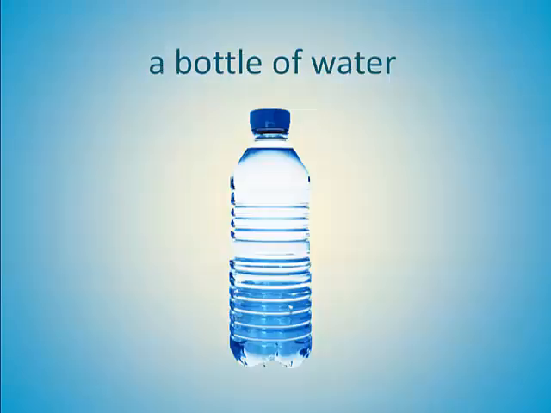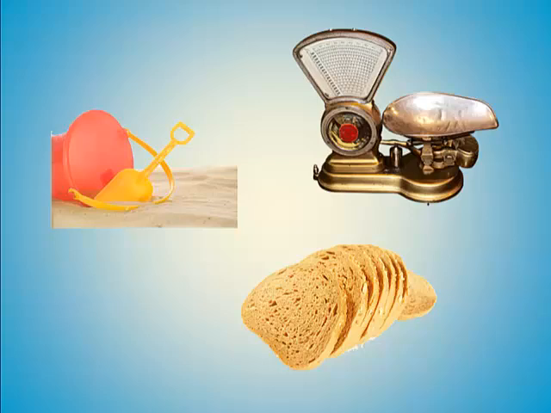We don't count water, but we can easily count bottles, so we say a bottle of water. Sand and meat and bread are non-count nouns in English, but we can say a bucket of sand, a pound of meat, and a loaf or a slice of bread.